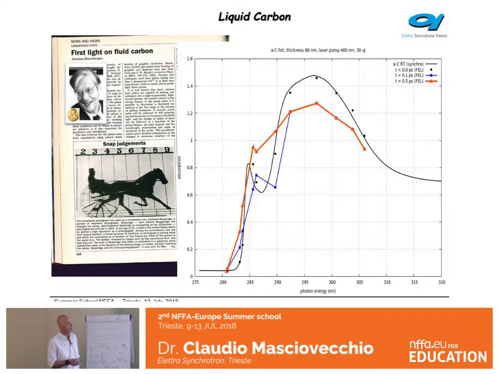measure the absorption edge. Here you see, for example, a measurement done on amorphous carbon, a foil. The continuous black line is what you get from databases. The points are what we have been measuring from the free electron laser without pumping the system. And the blue line and the red line have been obtained by pumping with a tabletop laser. Okay? Let's concentrate on the blue line, which has been obtained after, I remember, 100 femtoseconds.